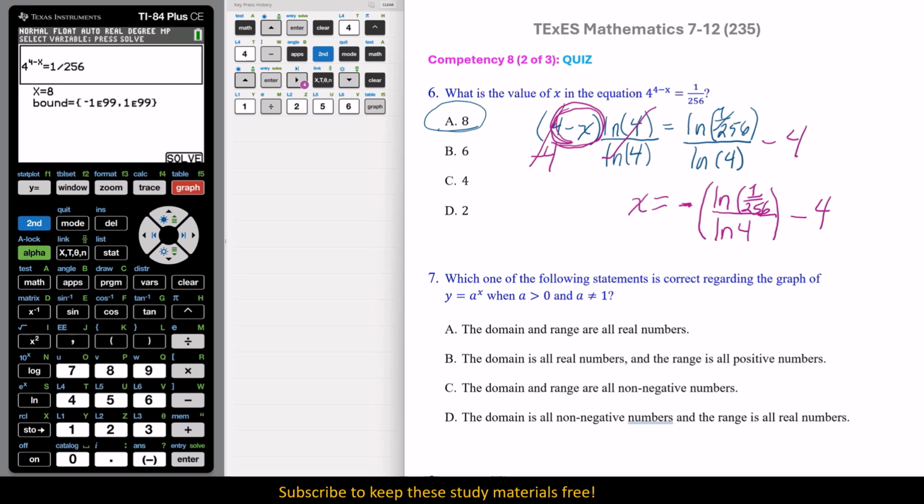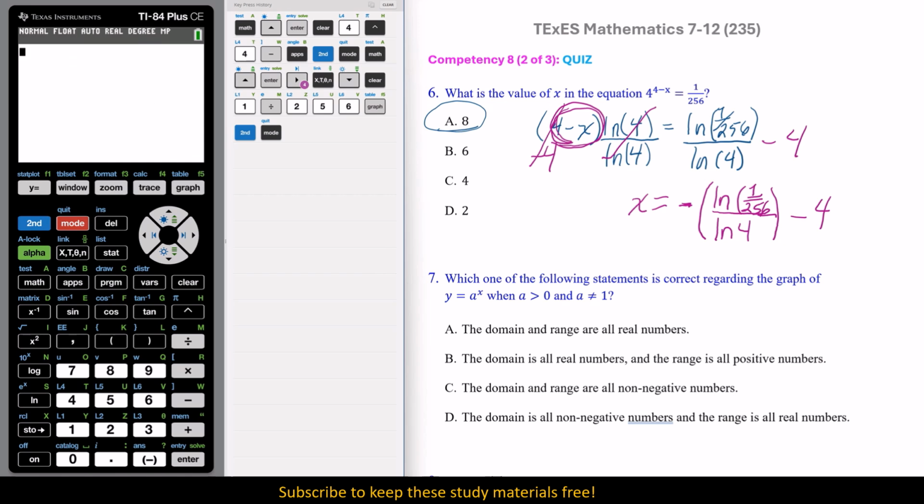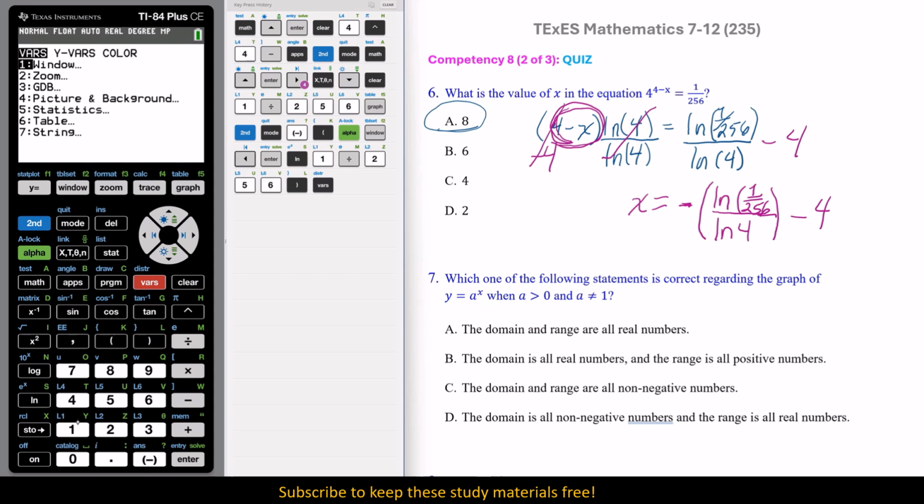So let's back out of that, and let's use our parentheses correctly. I'm going to put negative and my parentheses, but I'm going to say alpha window, arrow over. Number 1 is what I need. Now I'll say the natural log, 1 divided by 256, then arrow down.